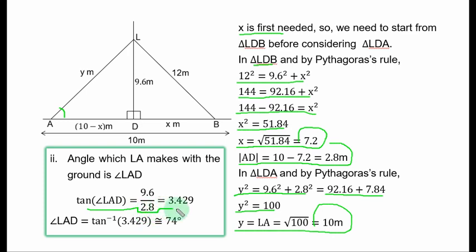If you divide, you have 3.429. To get the required angle, you take the inverse of tangent of 3.429. To the nearest degree, the inverse of that value is 74 degrees. That is the angle that the ladder LA makes with the ground.